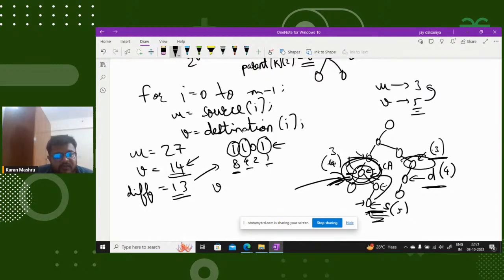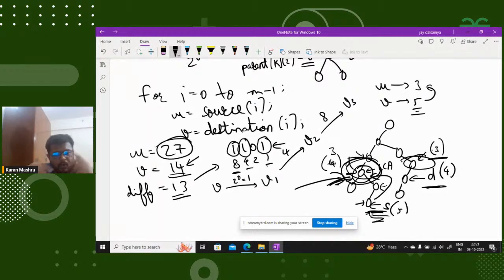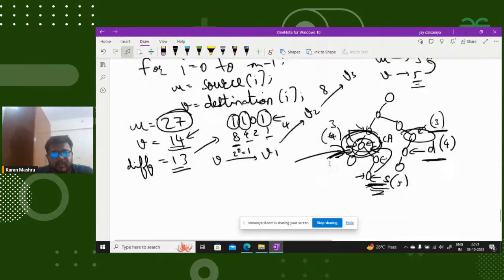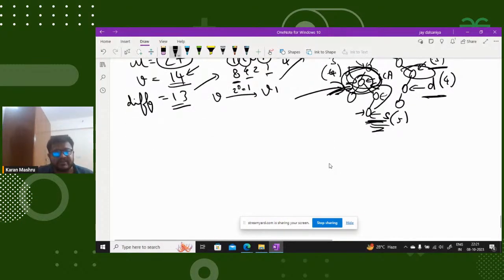Suppose from V I moved at a distance 2 to the power 0, which is nothing but 1 above. So I got V1. Now from V1 I can move 4 steps above and I get V2. From V2 I will move 8 steps above and I will get V3. Oh sorry, we will have to move U above, not V, because U is at level 27 from the root node.